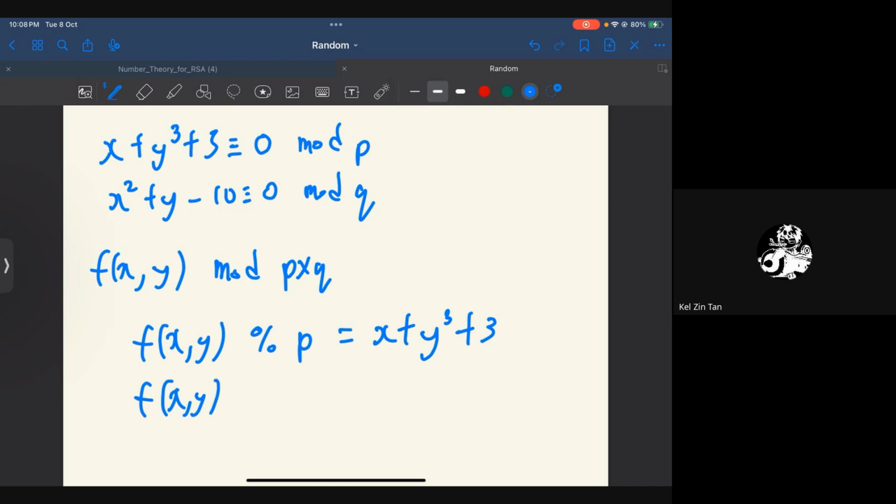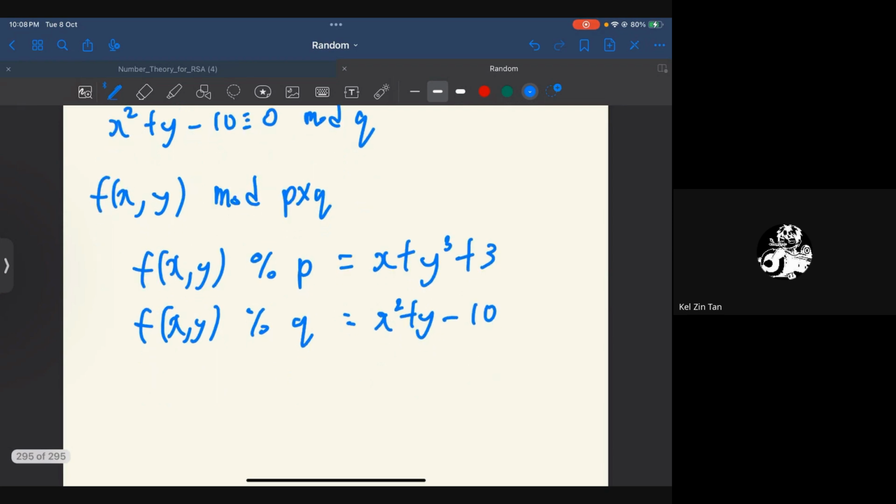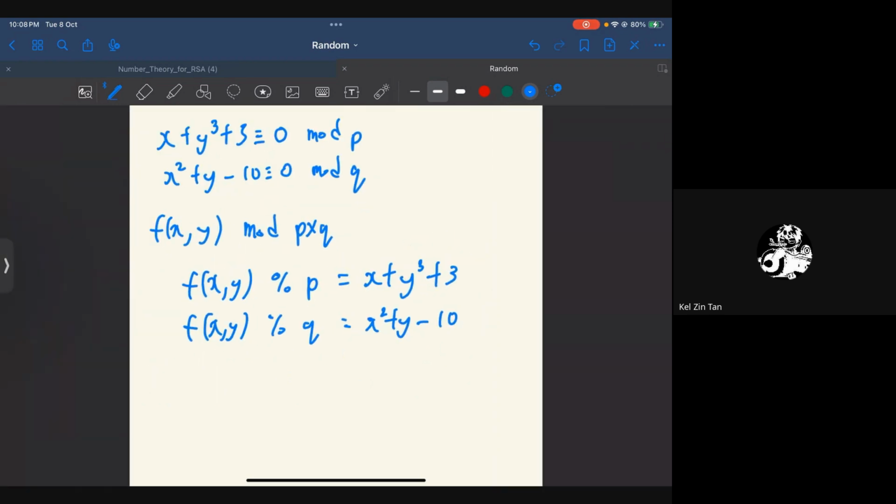And if I do it on q, this should give me x squared plus y minus 10. Then the question is how do we find f(x, y)? This is sort of like solving CRT with unknowns inside.